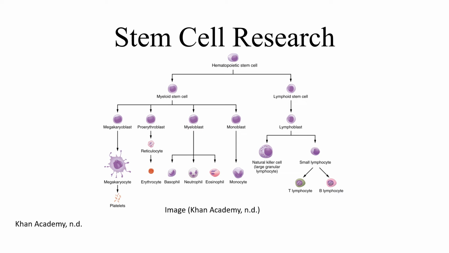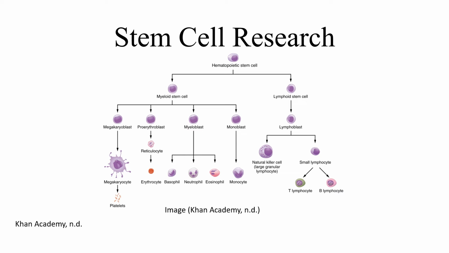For hematopoietic stem cells, which are found in the bone marrow, one daughter cell remains a hematopoietic stem cell, while the other goes off and differentiates into some other different kind of stem cell, either a myeloid stem cell or a lymphoid stem cell.